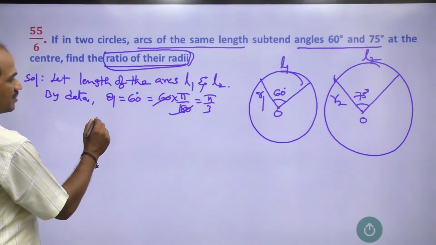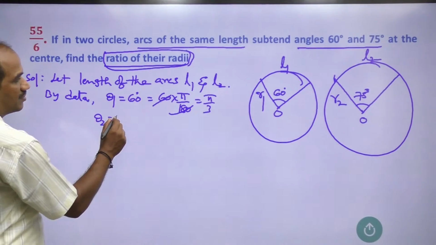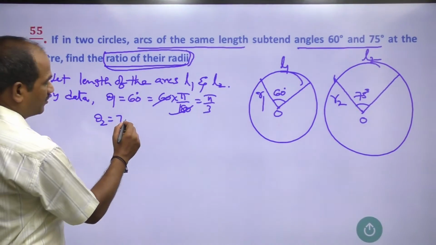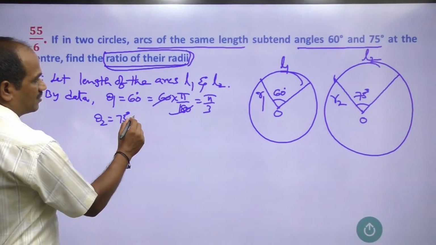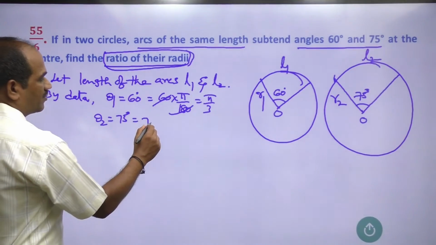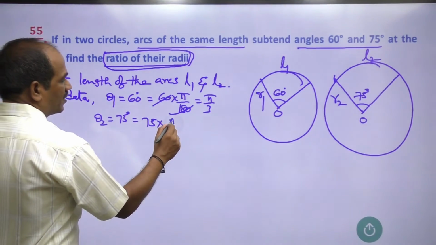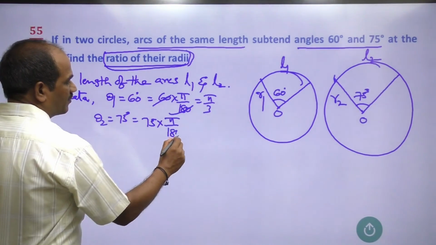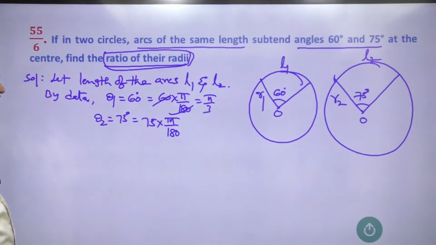Next, the second one: theta 2 is equal to 75 degrees, which is equal to 75 into pi by 180.